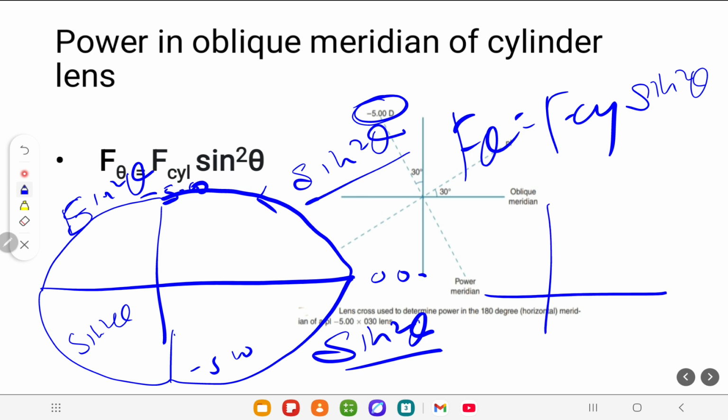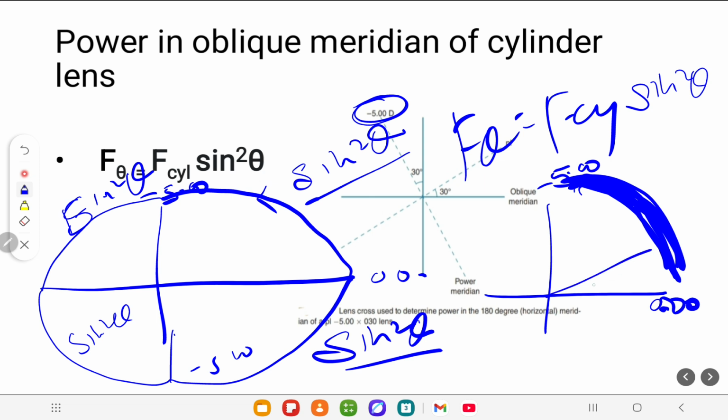A lot of my students think that if there is 5 diopter and 0 diopter, that's it, and between these two points there is no power. It's not like that. Between these two points there are a lot of powers, but you have to understand how to calculate them. Let's take an example of 30 degrees.